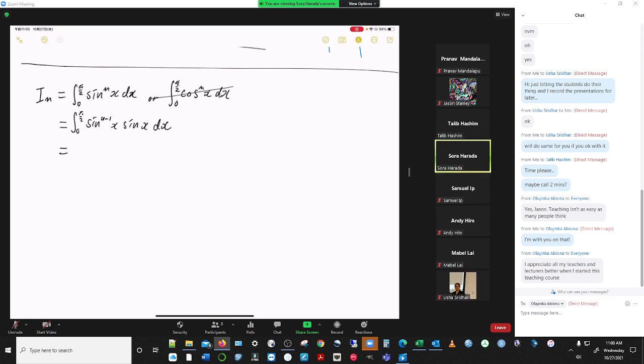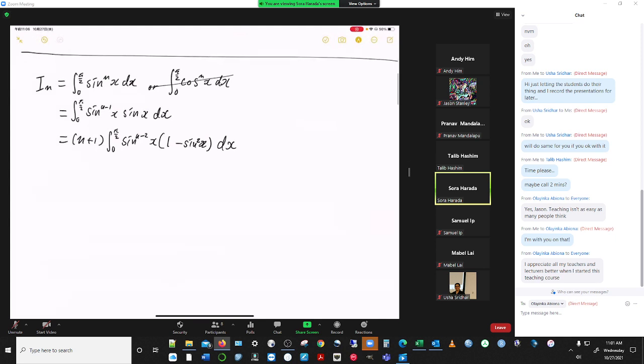I could do all the steps, but that's going to take a bit of time, so I'm going to skip some steps and just show the final result. You will get the integral of sine to the n minus 2 of x times 1 minus sine squared x dx. That's what you'll get from this integration by parts.